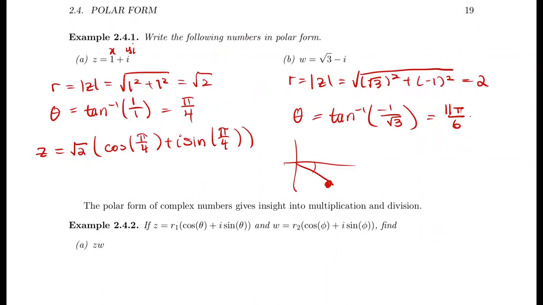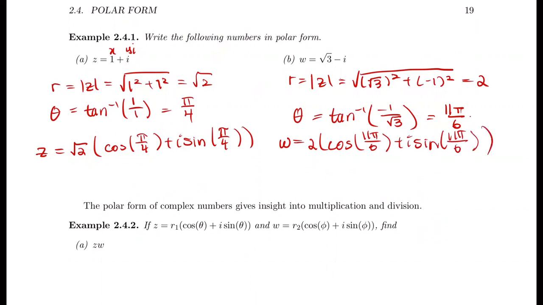So if we substitute everything back in, we would obtain that W is 2 cos of 11 pi over 6 plus I sine 11 pi over 6. And if we evaluate everything else, we would obtain the original complex number.